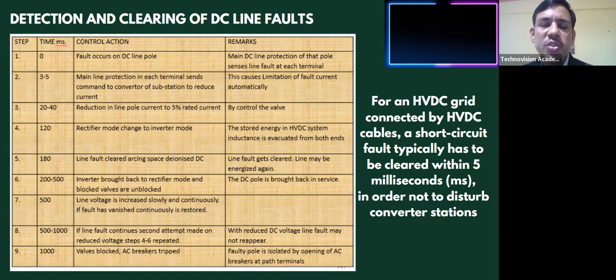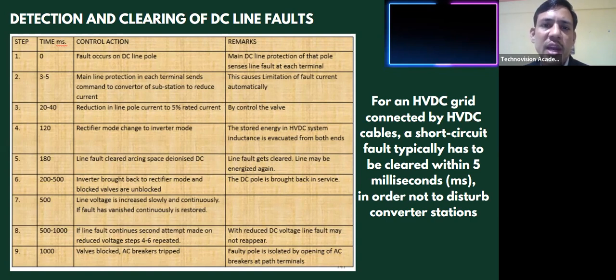But in HVDC systems, we are using semiconductor devices. So you can open the switches in even less than 5 milliseconds. But we know that capacitor banks and many more reactive power absorbing or energy storage elements are used in HVDC.